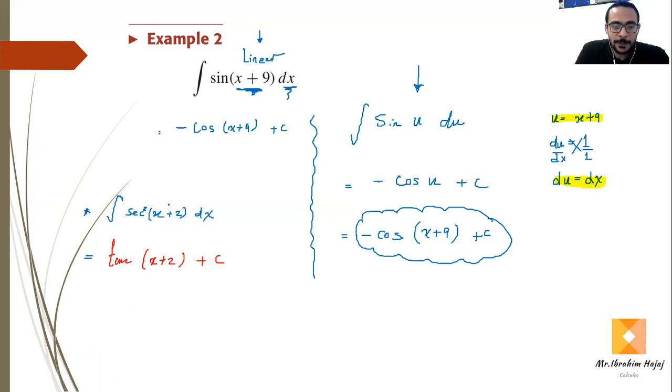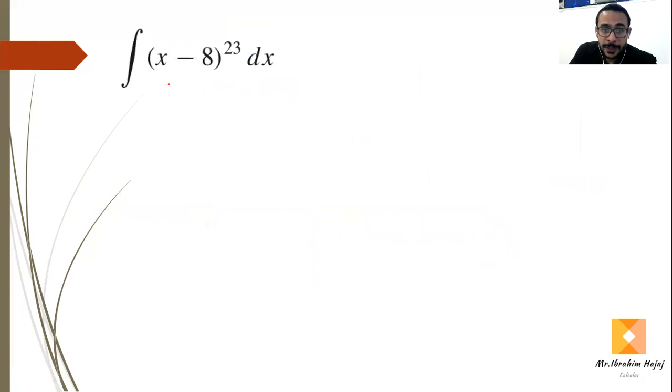If you use the U substitution method, you have to let what? x plus 2 as what? As u, and then the same. Let's find du over dx. No need to use U substitution. But here, x minus 8 is also a linear function, raised to a power of 23.